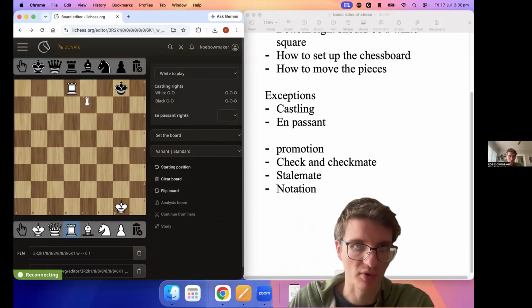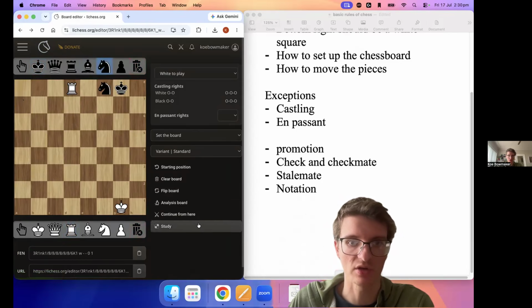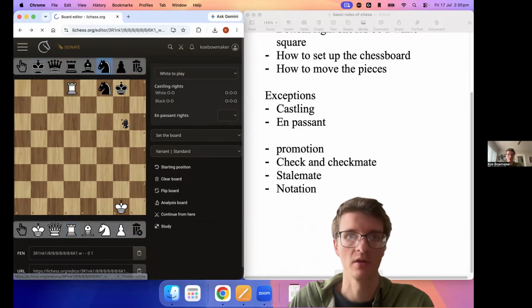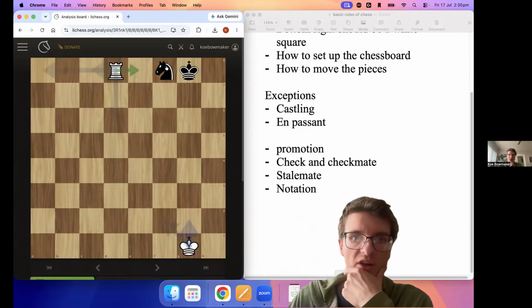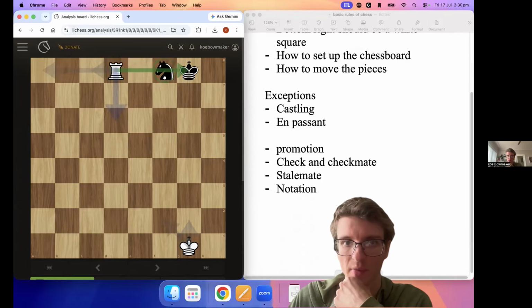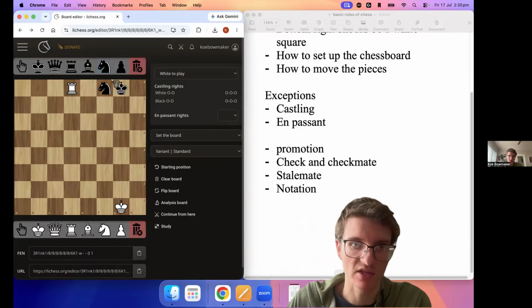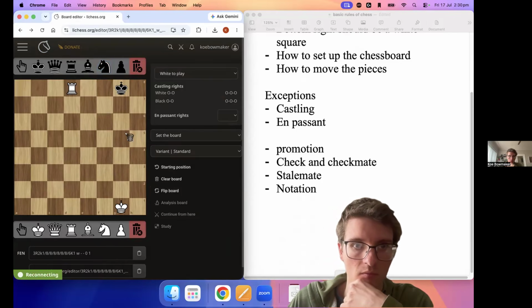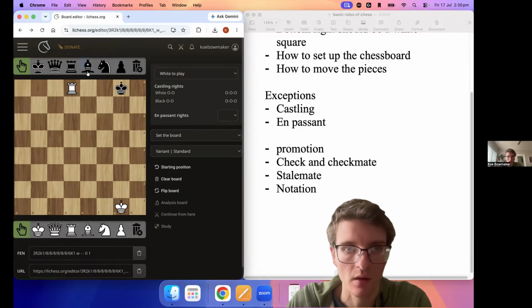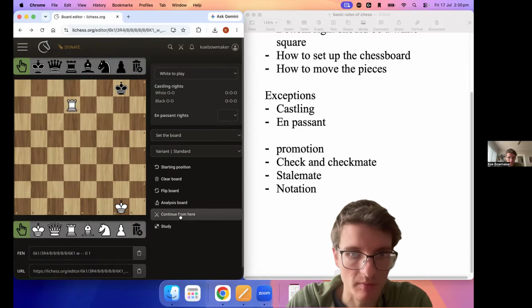Let's imagine that I put a rook here and I put a bishop and I put a knight here. So my rook is aligned with the black king, but this knight is blocking this alignment, so that's not a check. If I take this knight off the board, well, let's move it here.